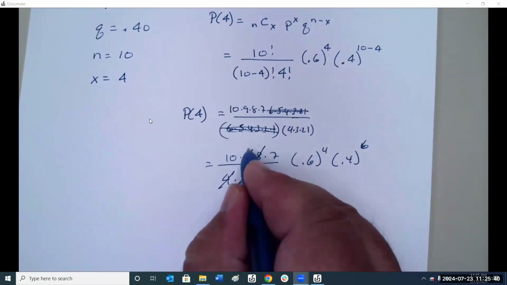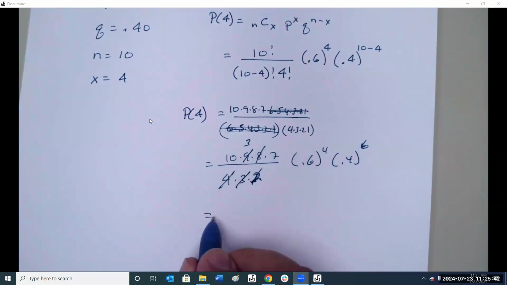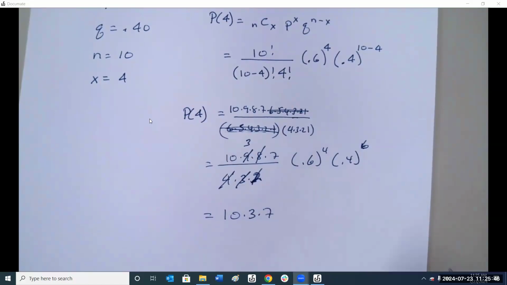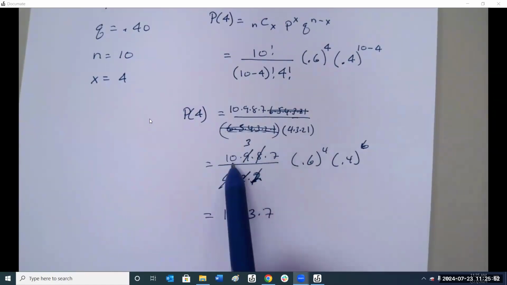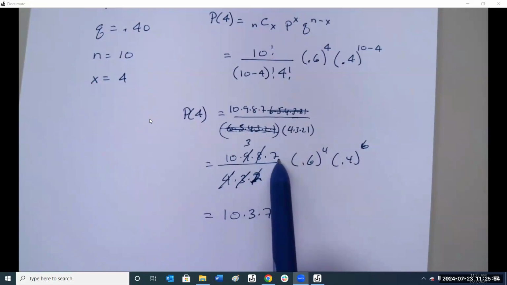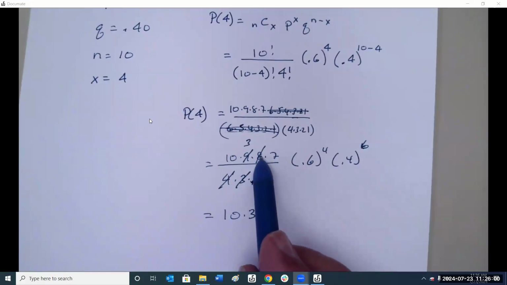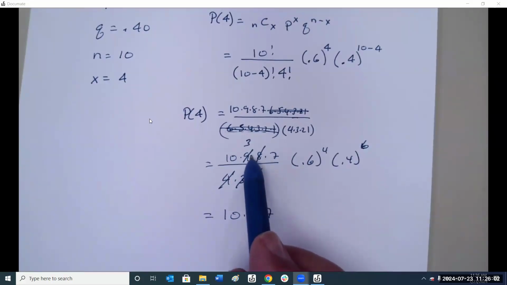The 3 on the bottom cancels with the 9 on top.